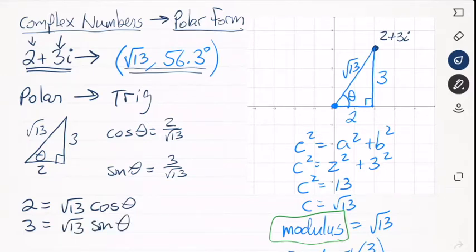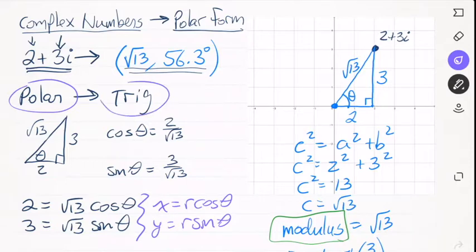And if you go back to polar coordinates, it's the same thing as saying x is equal to r cosine of theta, and y is equal to r sine of theta. So when we're talking about changing a polar form into a trig form, we're actually going to use these formulas right down here.